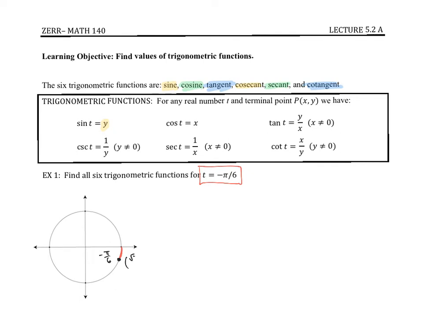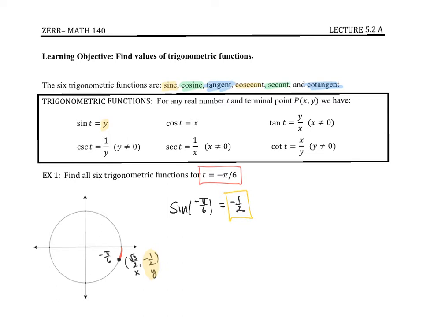That is at square root of 3 over 2 and negative 1/2. So I have an x and a y value. And for sine, we're just being asked to write down what the y value is there. So sine of negative pi over 6 has an answer of negative 1/2, and that is what we're being asked for there.